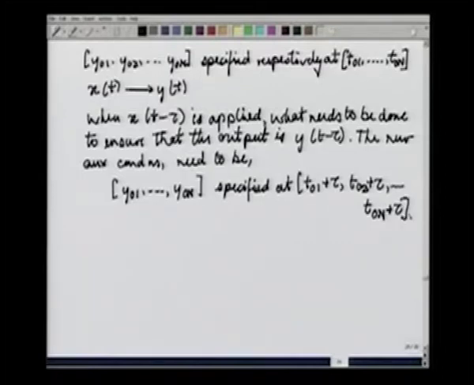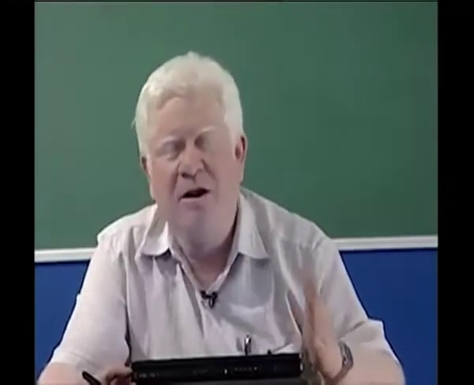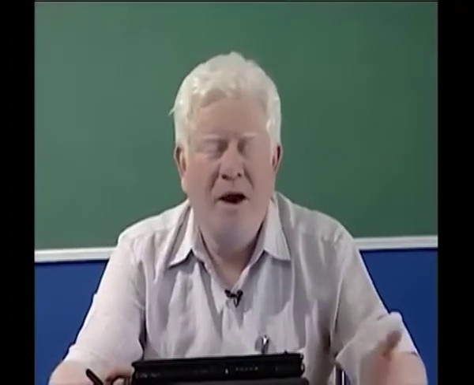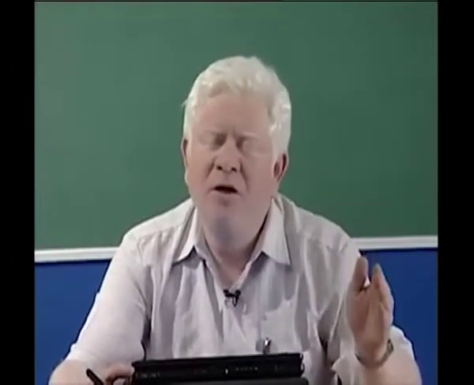That means when you shift the input, shift all the auxiliary condition times, the times of specification of the auxiliary conditions, appropriately by the same amount in the same direction. Then yt, which is what you got with the old set of auxiliary conditions and the old input xt, will now become yt minus tau.